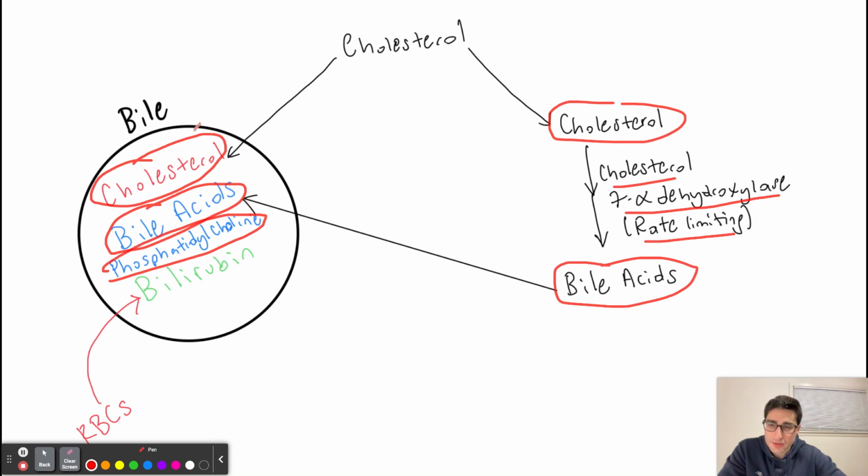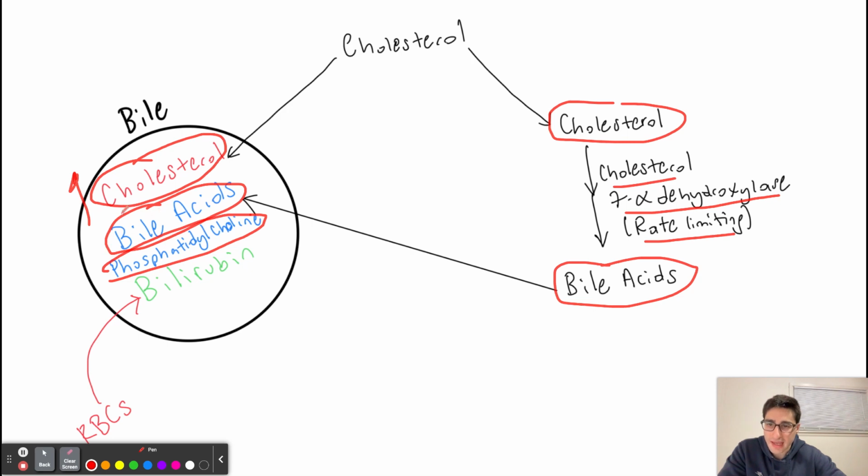Now, cholesterol is going to be insoluble in liquids, and because bile is a liquid, we need substances like bile acids and phospholipids like phosphatidylcholine to make cholesterol soluble in bile. Now, if we have too much cholesterol, then bile acids and phosphatidylcholine will not be able to keep up.